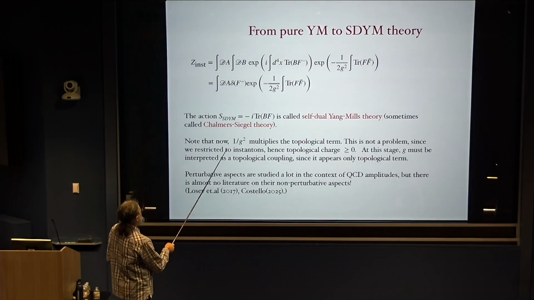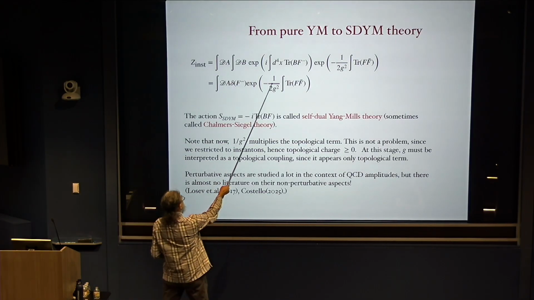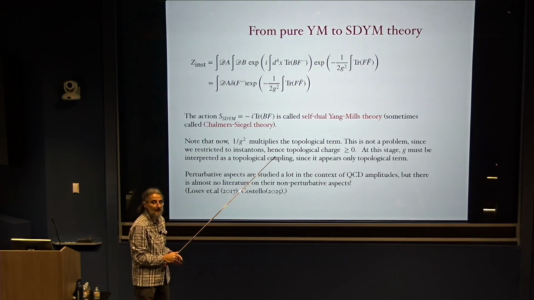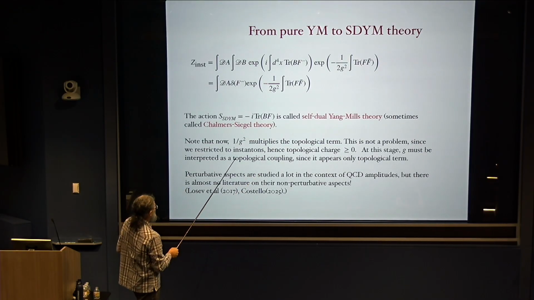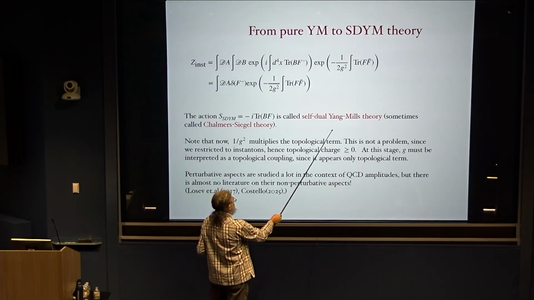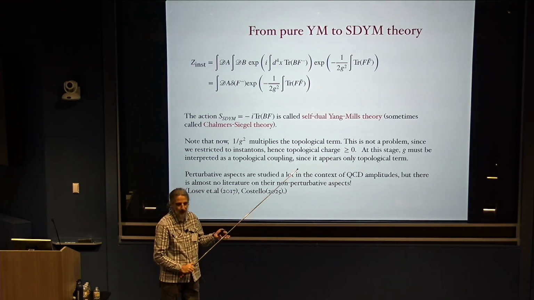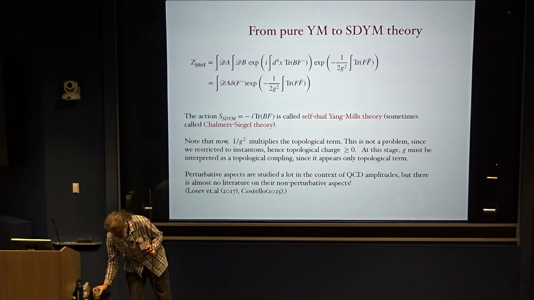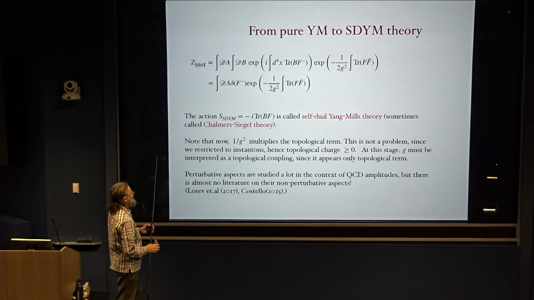This action, I then came to realize, is something well studied. It's called self-dual Yang-Mills theory. It was introduced in the context of N=1 super Yang-Mills by Chalmers and Siegel.